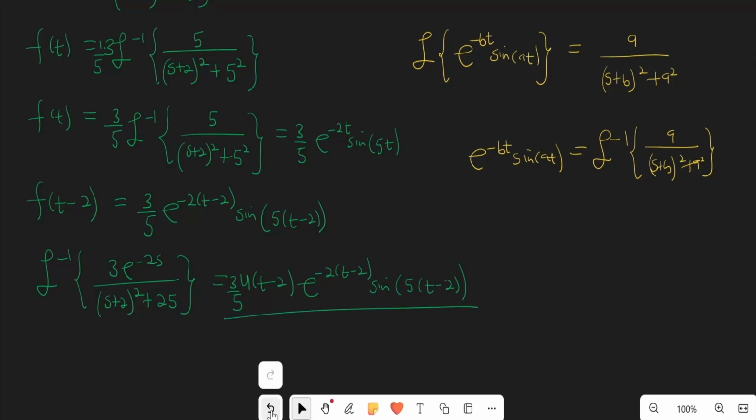And this one is the Laplace inverse of this function.